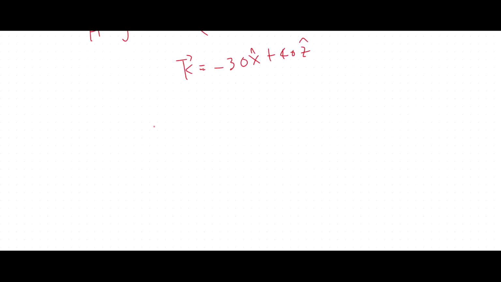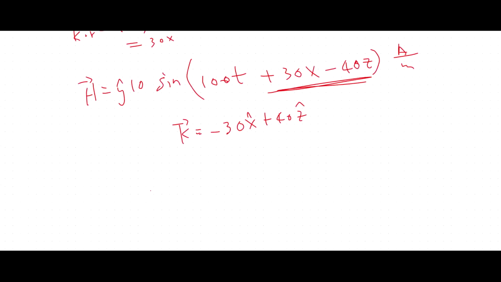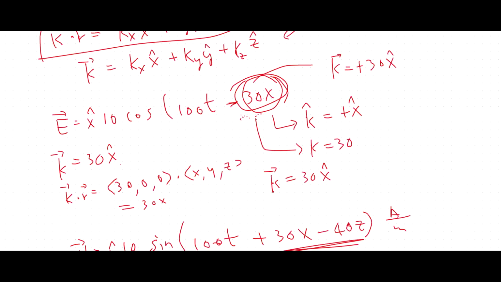So now we're ready. Let's go back to this example. By looking at this type of expression, we can tell a lot about this wave. We know it's a wave, the direction it's traveling, the frequency it's oscillating at, and the wavelength.